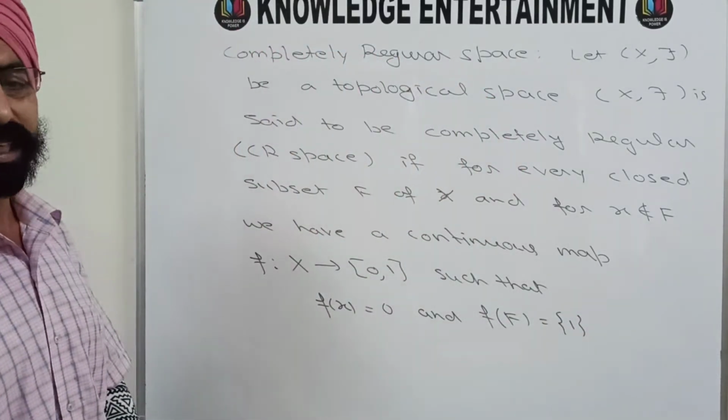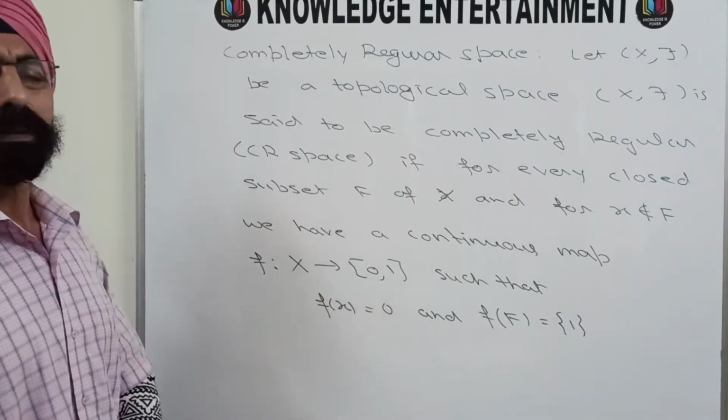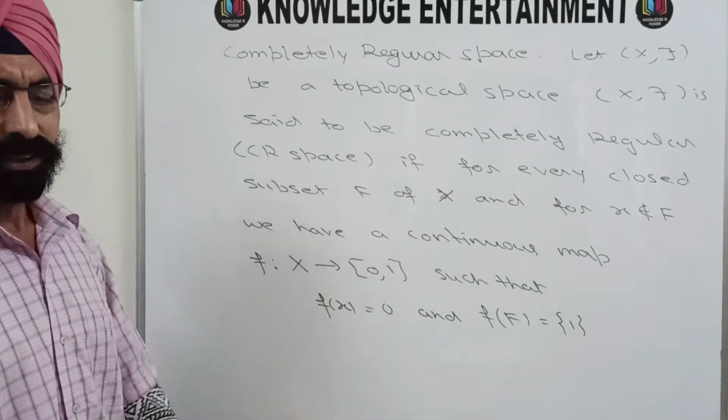If this condition is satisfied, we say that the space is completely regular, that means a CR space.